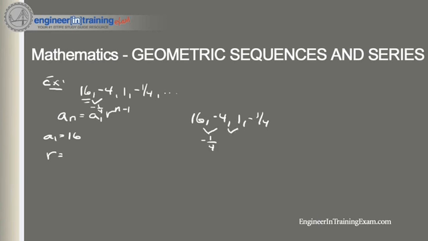And the same goes for the second to the third term, and from the third term to the fourth term. So we see that the common ratio, r, is going to be negative 1/4. So putting this information into our general formula, a sub n is equal to 16 times negative 1/4 raised to the n minus 1.